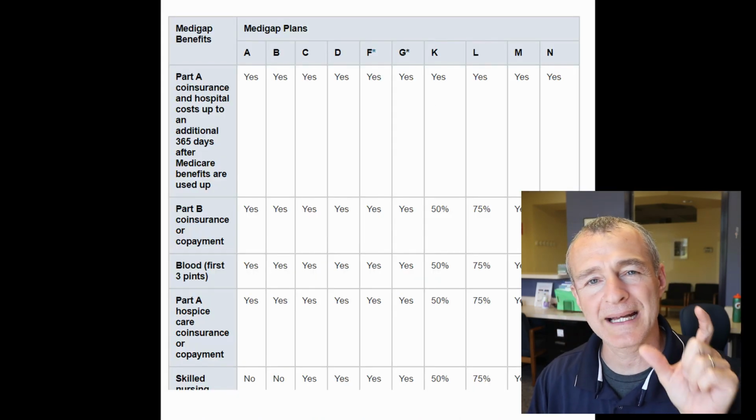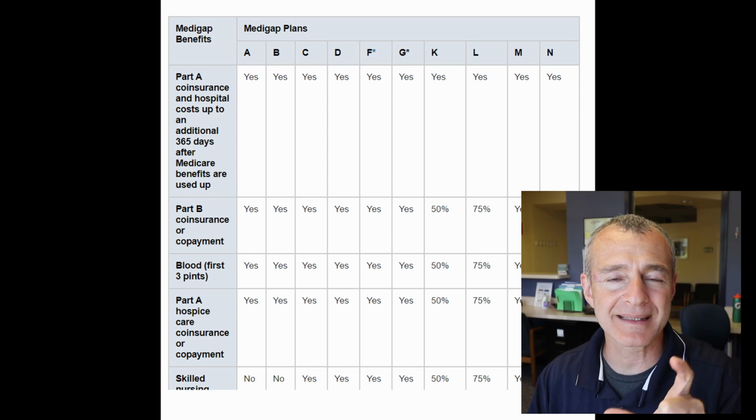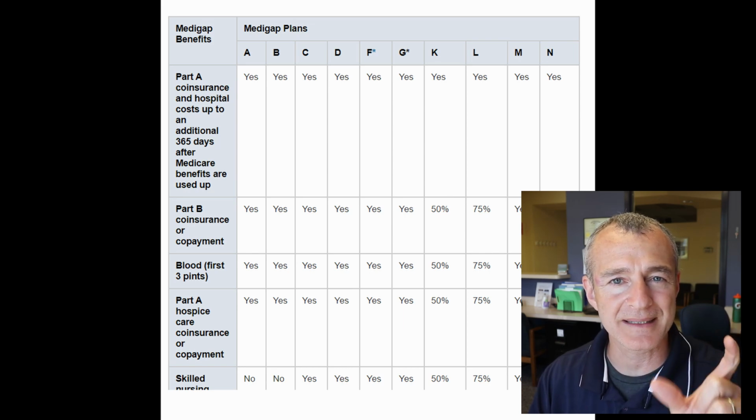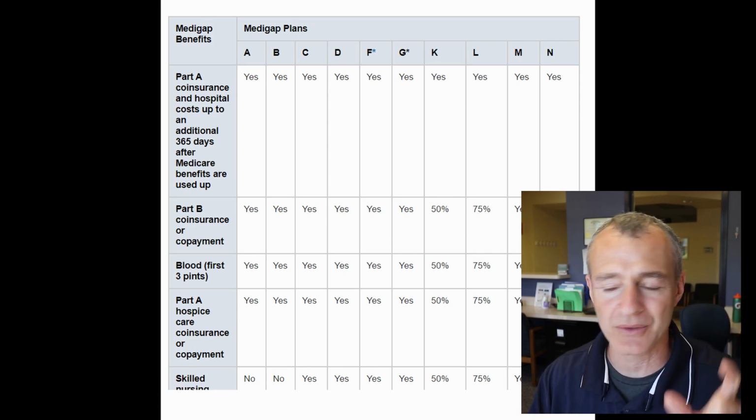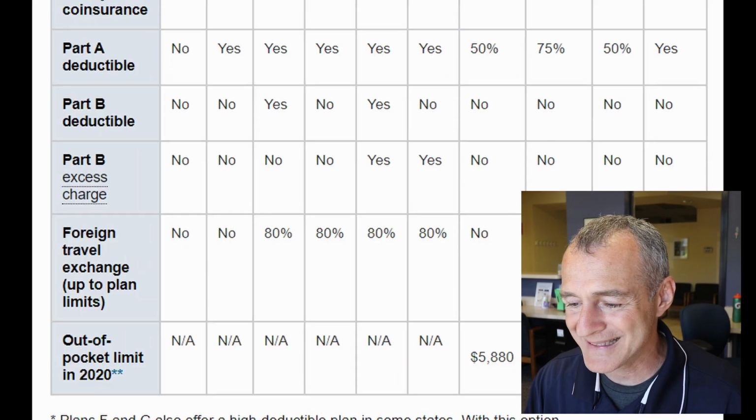So when you're looking at your patient's secondary coverage card, sometimes you'll see what plan and it'll be listed on that insurance card. That's what you're looking for. When we scroll down, obviously we have information here about Part A. The Part B deductible, this is always a big one.